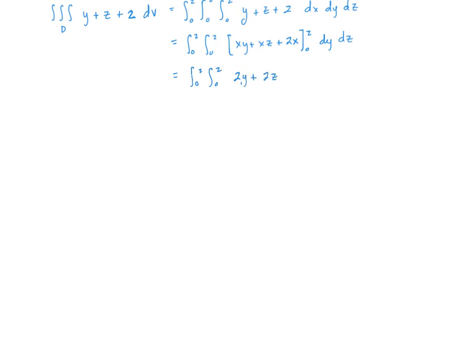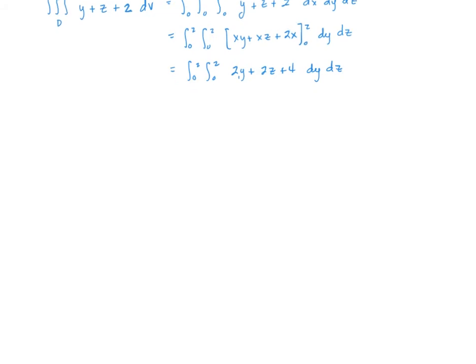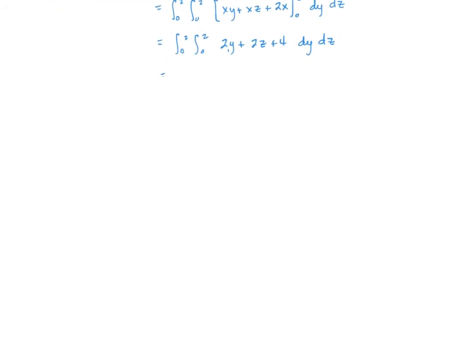So now integrating with respect to y, it looks like it's going to be y squared plus 2yz plus 4y, again 0 to 2.